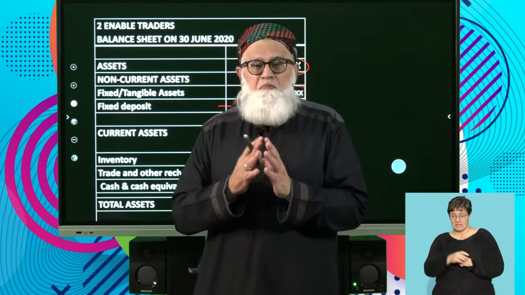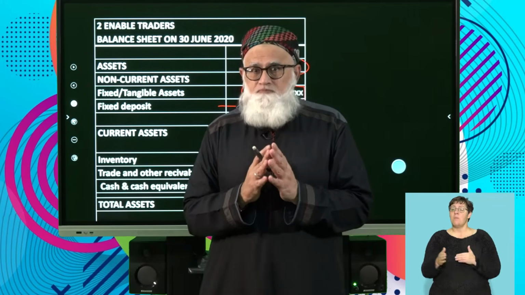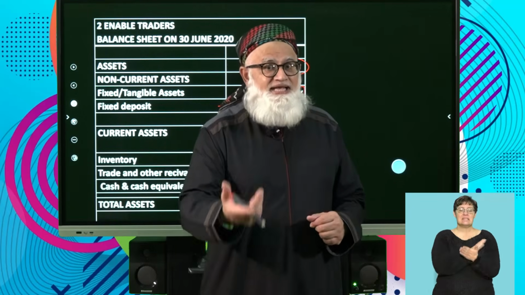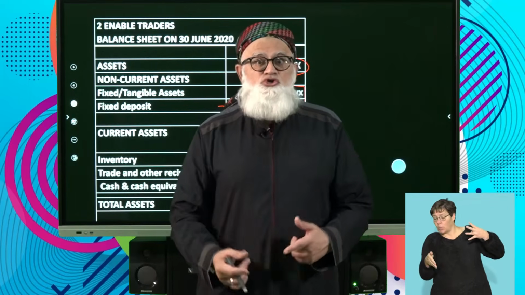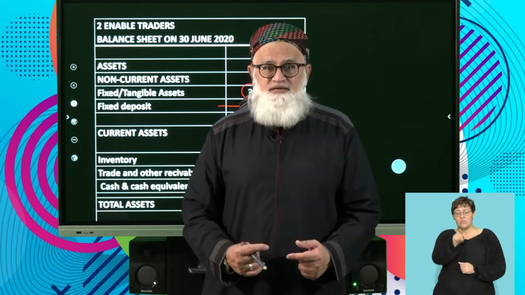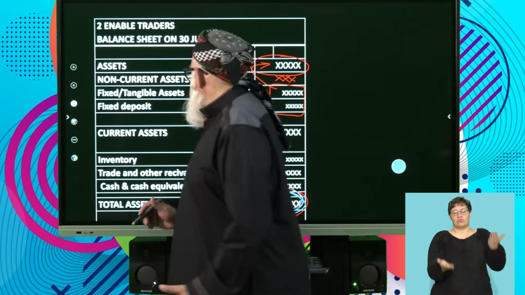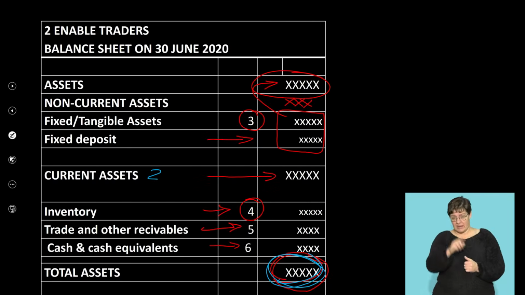Now, another important consideration here is that sometimes you are given financial indicators to work out missing figures. Please, you must be able to do that. For example, if you are given a current ratio of 2:1, that means current assets to current liabilities is 2:1.